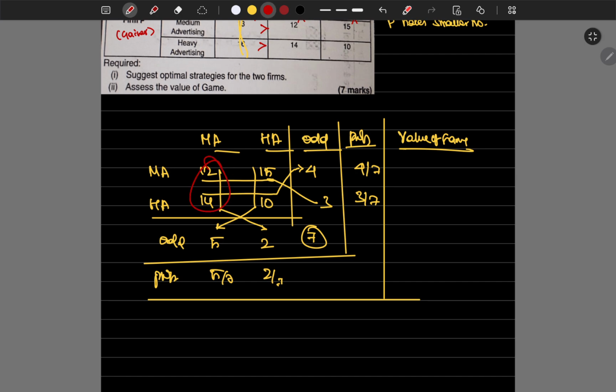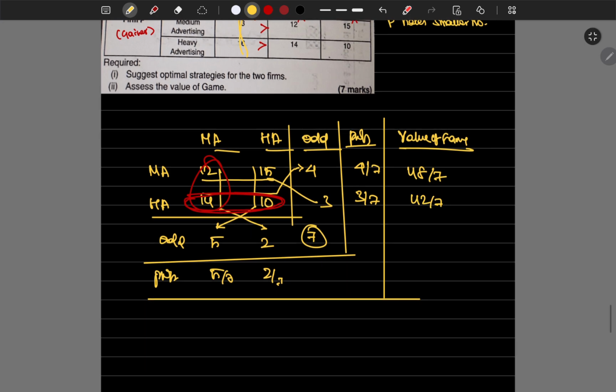We can calculate for only one row or one column, but for understanding purposes, I'm doing both. 12 into 4 is 48 divided by 7, 14 into 3 is 42 divided by 7. Total up, you will get 90 by 7.